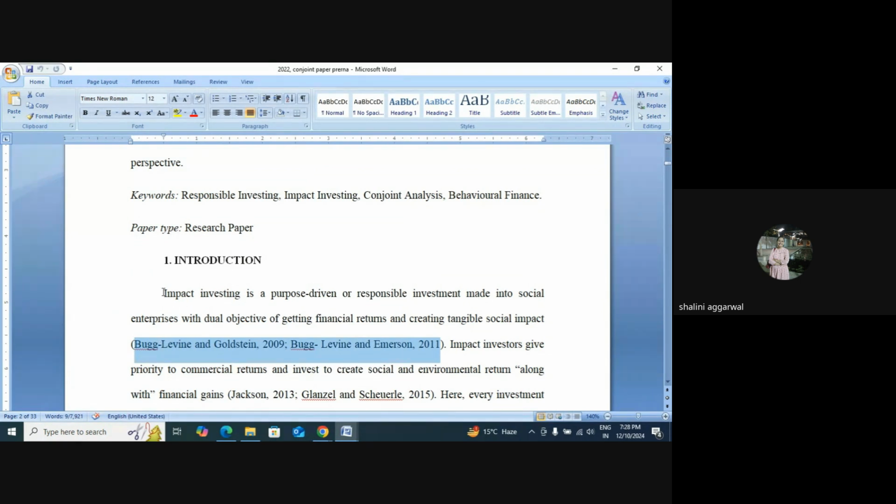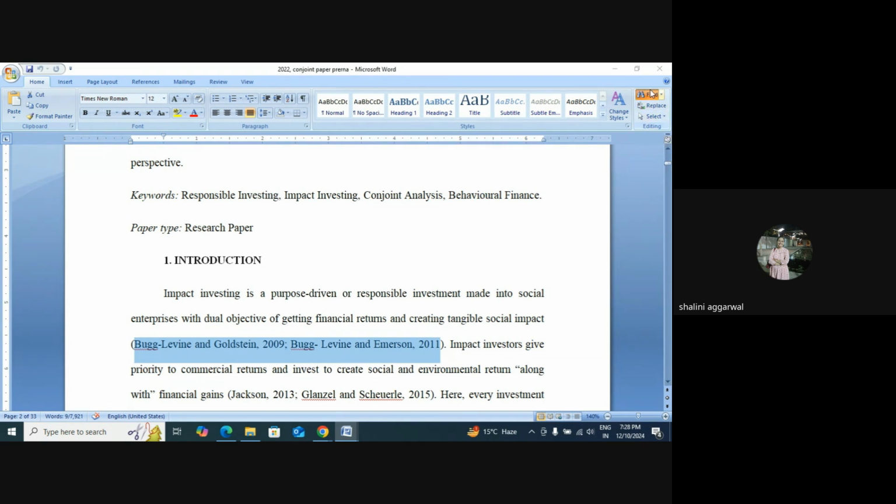Let's say I have written some line: impact investing is a purpose-driven or responsible investment made into social enterprise. Who has given this? So I have quoted this in the bracket. So this person has given these lines, right? This is called the in-text citation. And with respect to this in-text citation, there will be a reference at the end.